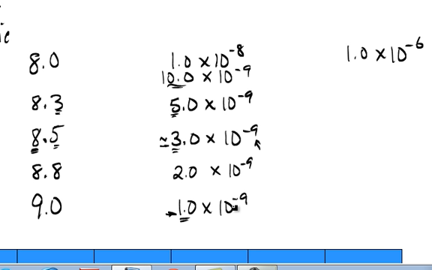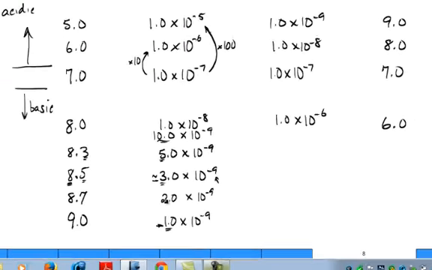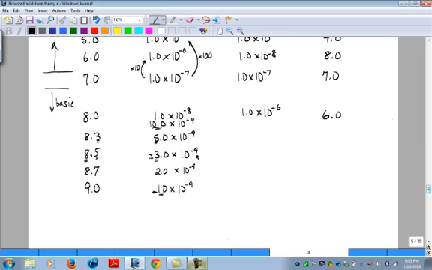But since 8.3 is just 0.2 pH units below 8.5, if I use 8.7 as the other benchmark and you put in 10 to the negative 8.7, you get 2.0 times 10 to the minus 9. So that's a more accurate benchmark to use.